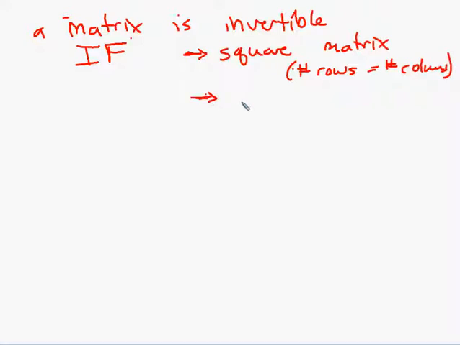The second thing, if the determinant does not equal 0. Okay? Now we won't get to determinant right away here. We'll save that for the end of class. So we're going to go ahead and assume that if it's a square matrix for right now, that we can indeed invert it.